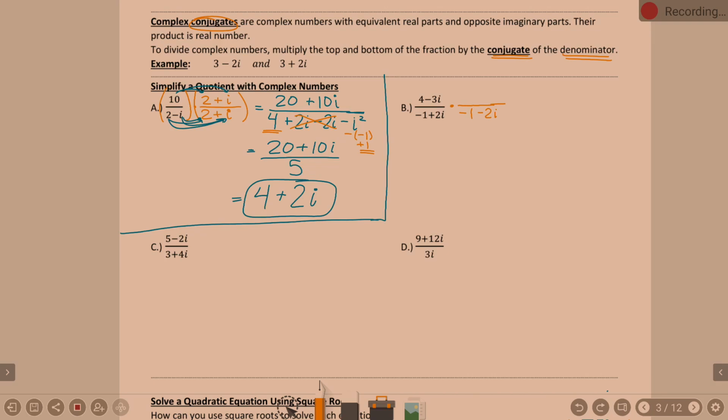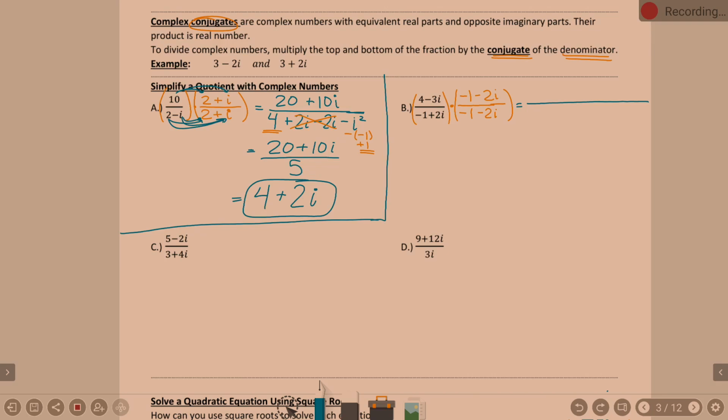What I do to the denominator, we do to the numerator. So we're going to be multiplying top and bottom by -1 minus 2i. How do we multiply the tops? What's the magic word there? We got to FOIL, yes?